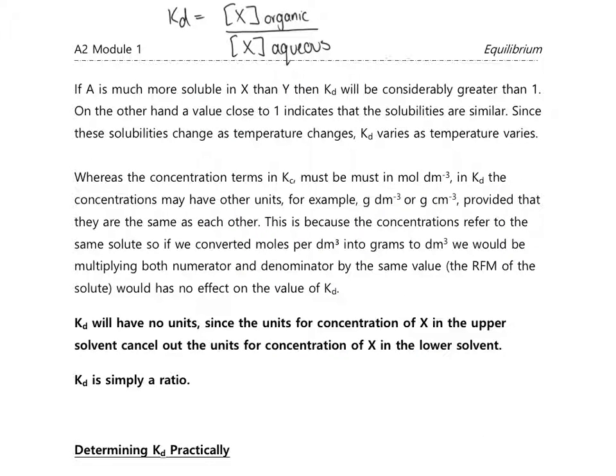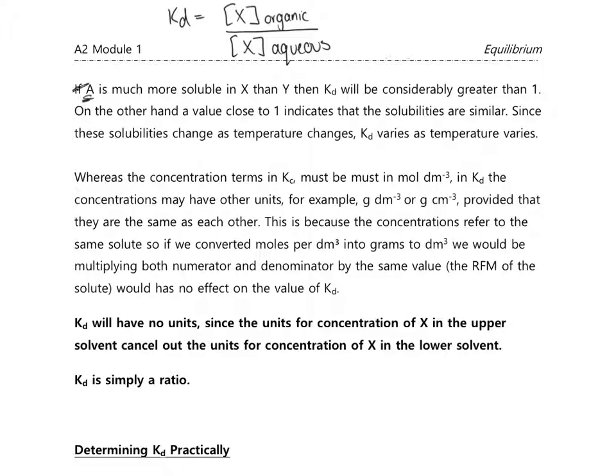Now there are a few changes that we need to make on page 50, just because the explanation I've used is using a different representation of KD. So you can see here I've talked about it in terms of A as our solute, but our equation looks at X as a solute.